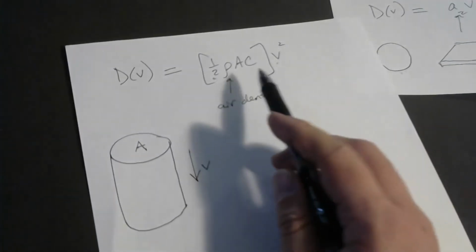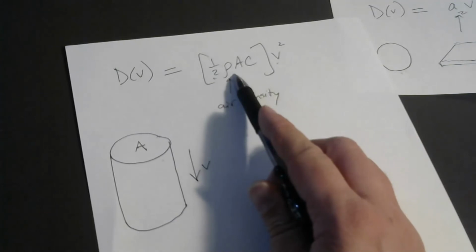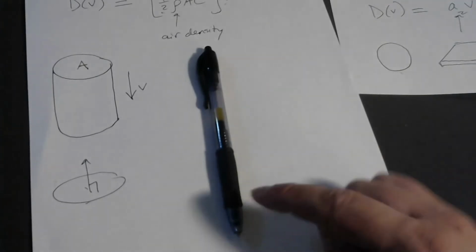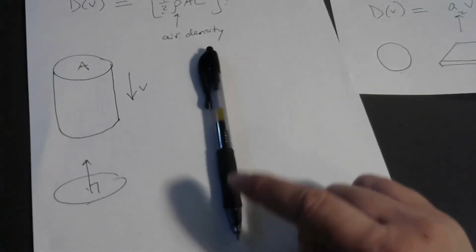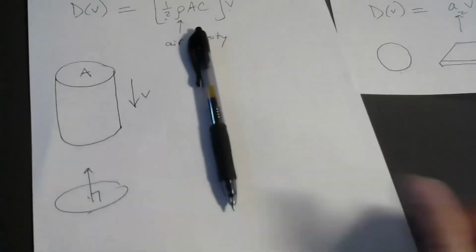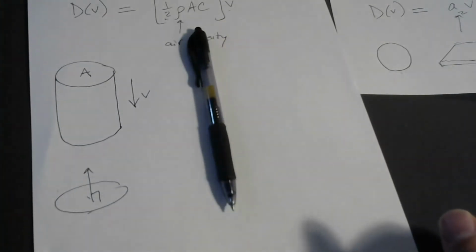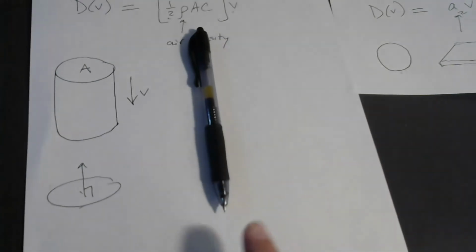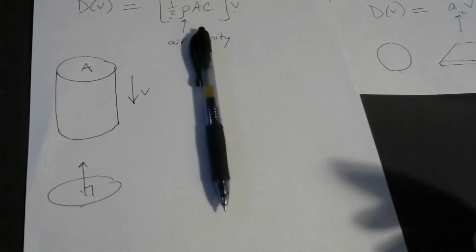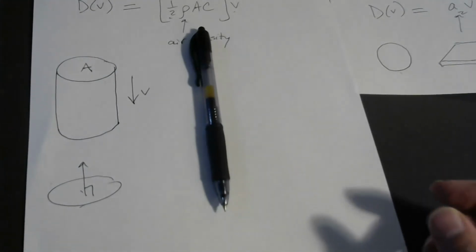And now you can already see somewhat how a skydiver could slow themselves down. You could do a pencil dive. Imagine this is your head and your feet, and your arms are folded at your side. If you're doing a pencil dive straight down, the cross-sectional area that you present to the onrushing air is rather small.